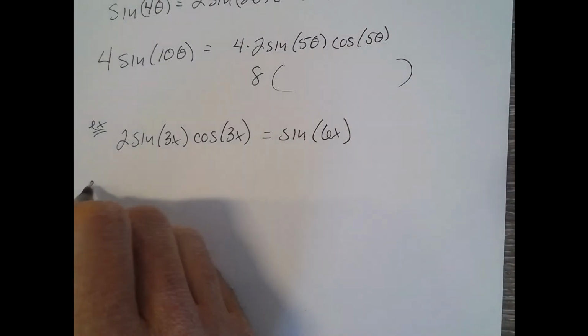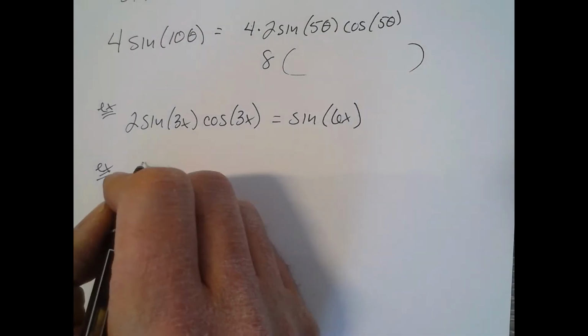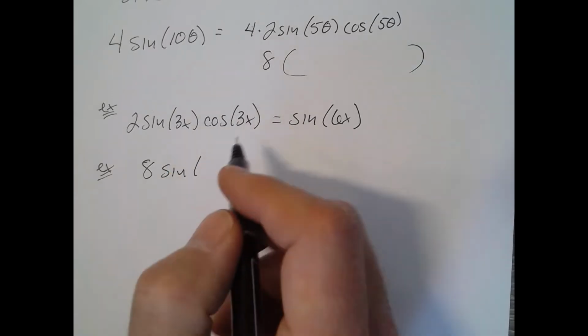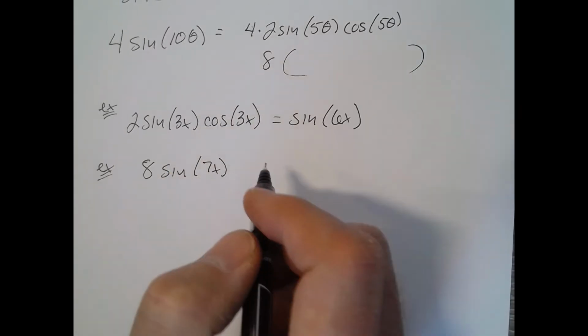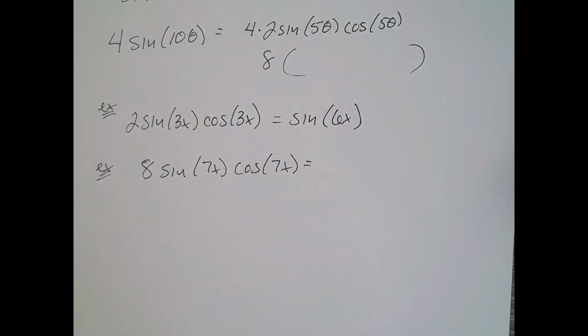So another example. Let's say I have 8 sine of 7x cosine of 7x. See if you can figure that out. Write that down. Like a 14x.